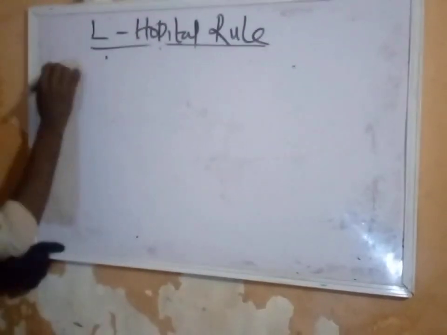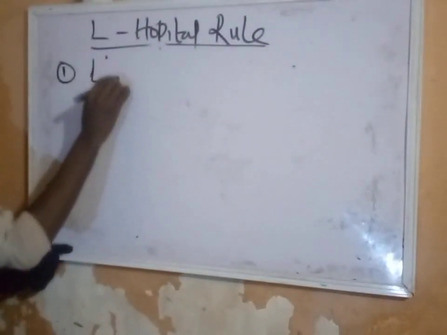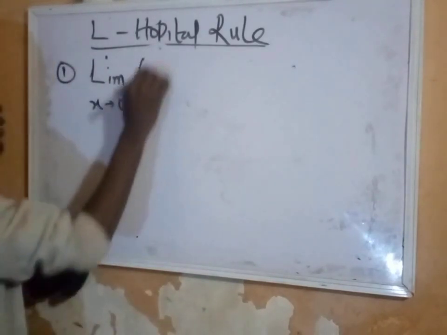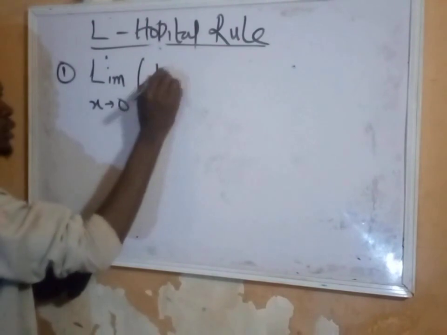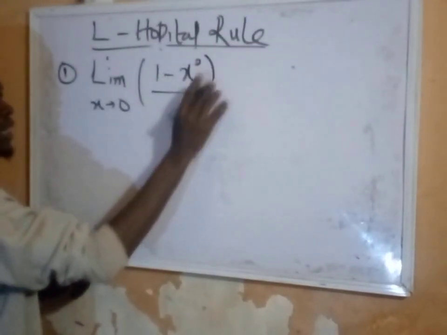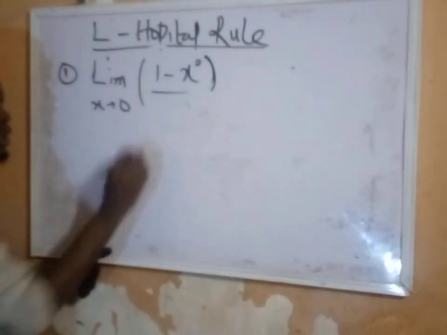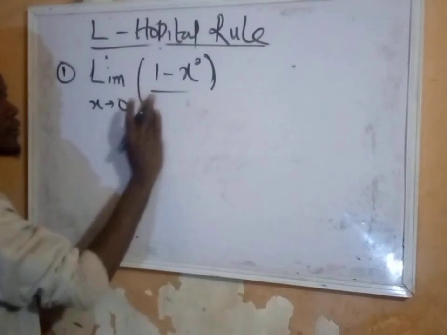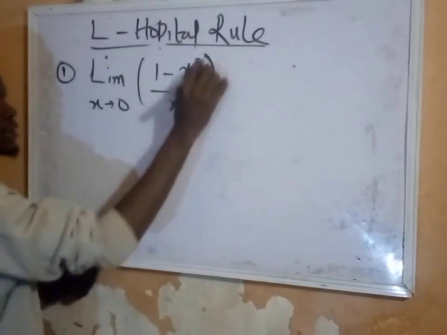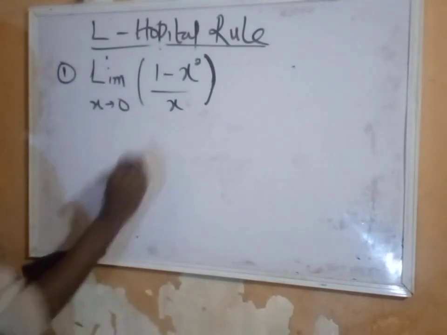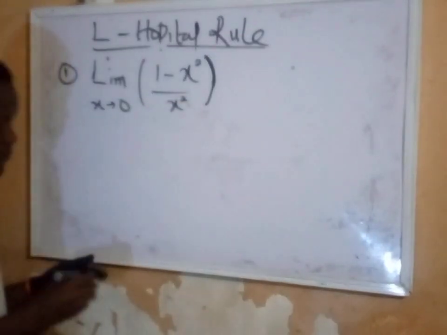So suppose you are given this first example. Let's say we have the limit of x tends to 0 of (1 minus x squared) divided by 2x squared.